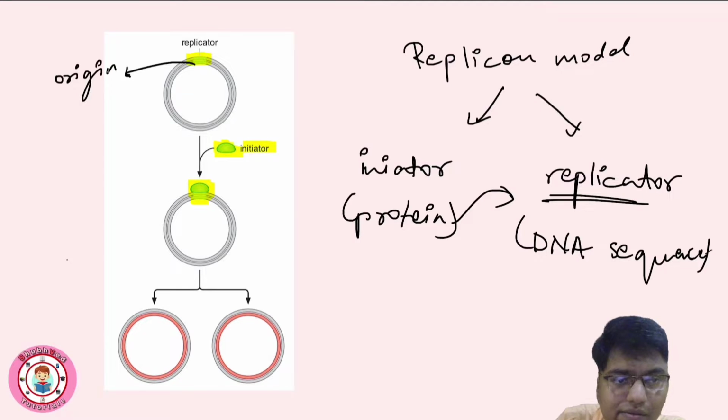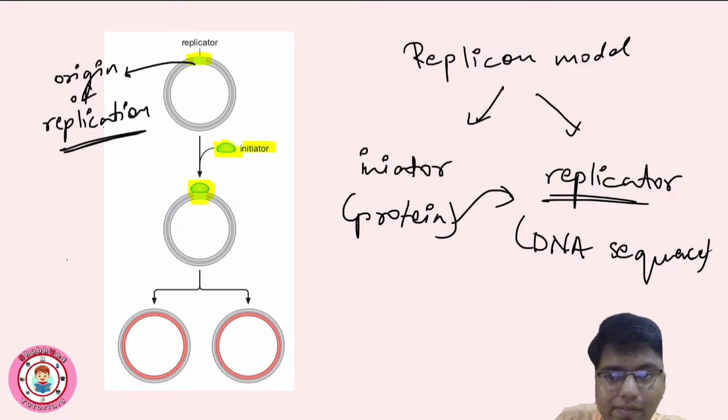These are the sites in the chromosome that initiate DNA replication. So here comes the initiator, a protein that will recognize this origin of replication, and the replication starts or initiates.